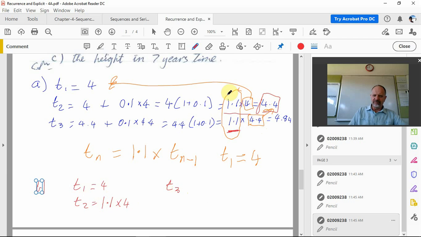And 4.4, so it's 1.1 times the 4.4, right? 1.1, that one, times the 4.4, but the 4.4 was 1.1 times 4. So when you get something multiplied by itself, that's 1.1 squared times 4.